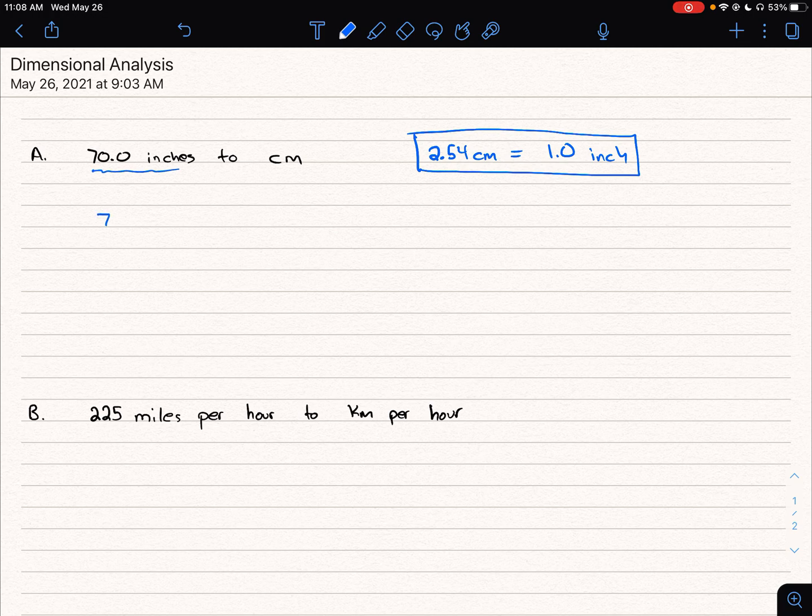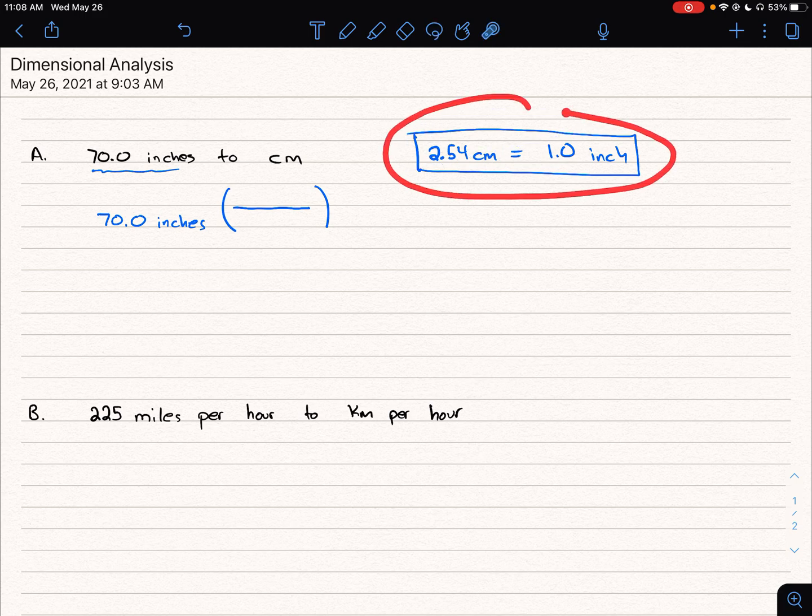So in this case, we have 70.0 inches. And then we're going to multiply this by a unit conversion. And so we're multiplying it by a ratio. And the numbers we want to take in our ratio are these numbers here. And the key is we want our units to cross off.